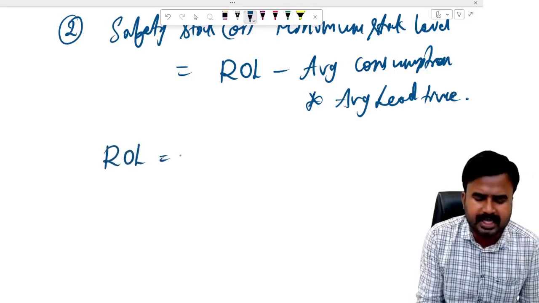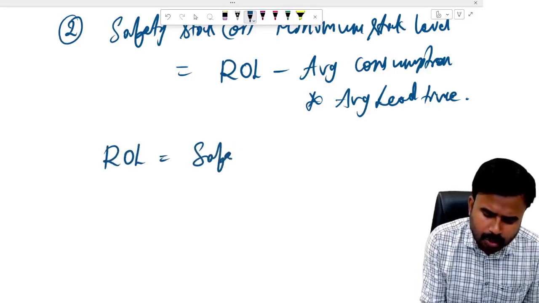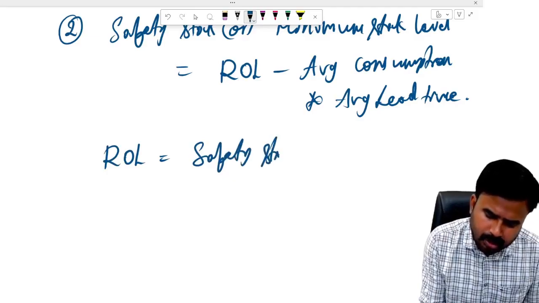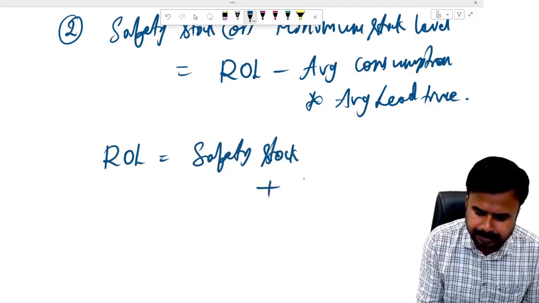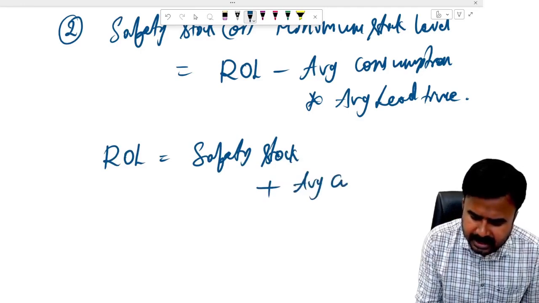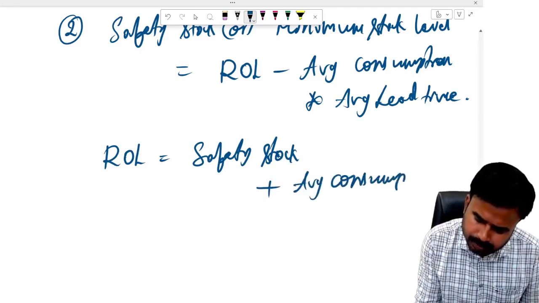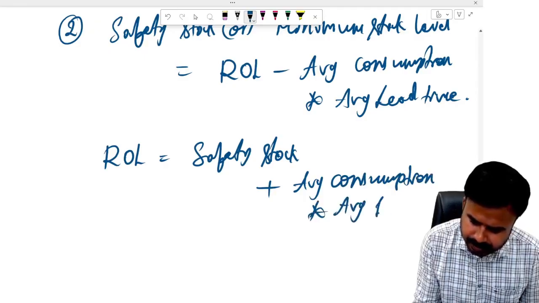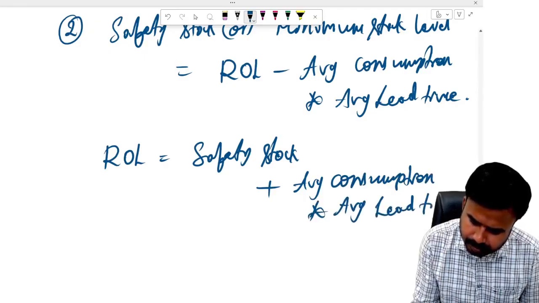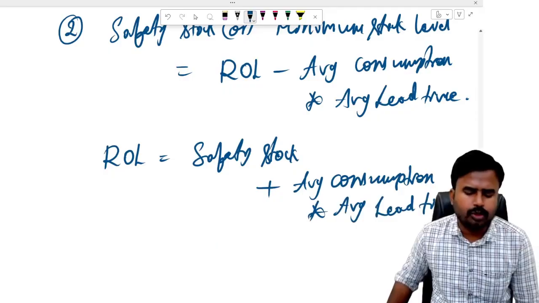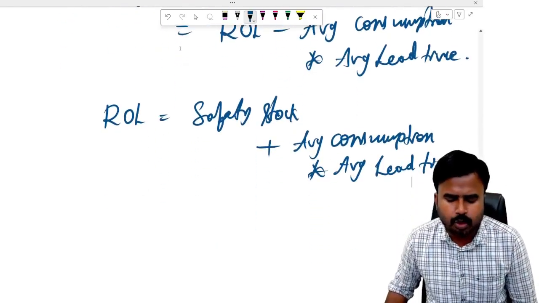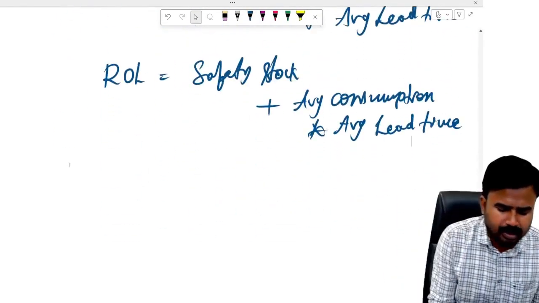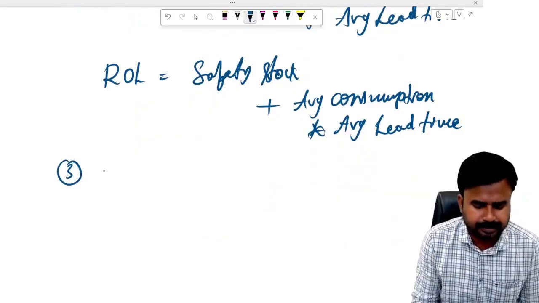ROL, reorder level, is equal to safety stock or minimum stock level plus average consumption into average lead time. This is the formula for reorder level: safety stock plus average consumption into average lead time.